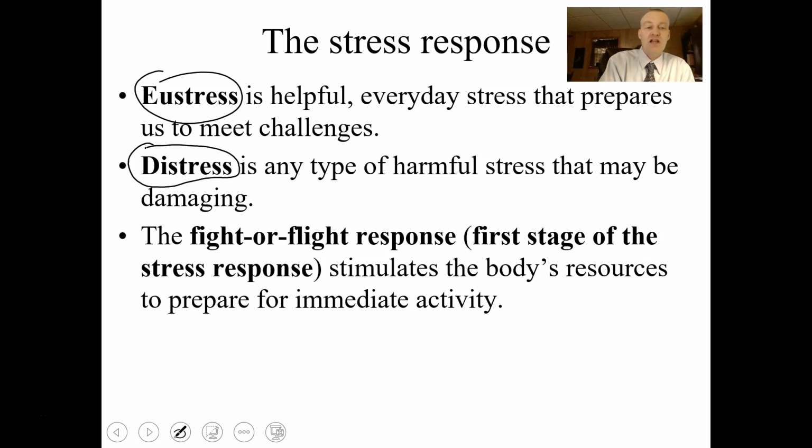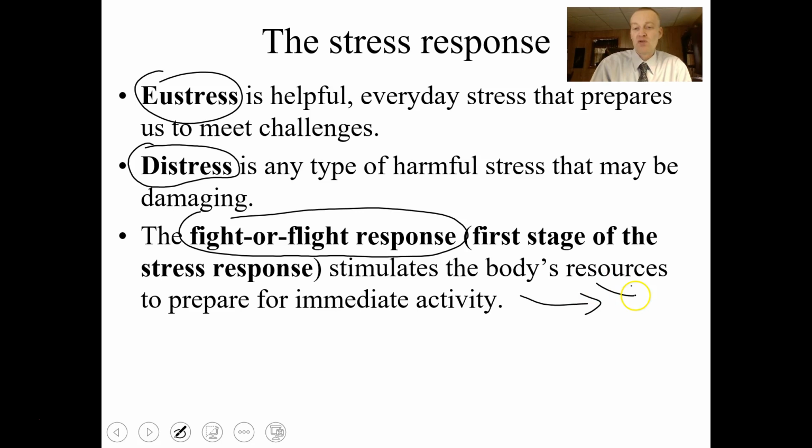The fight or flight response is the first stage of the stress response, and it stimulates the body's resources to prepare for immediate activity. So your sympathetic nervous system and then epinephrine, norepinephrine, these are hormones that are released in the fight or flight response, and we have this every day. And it's normal, and it helps us to survive.